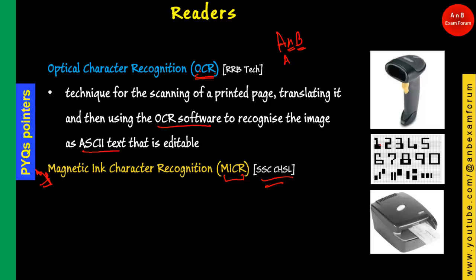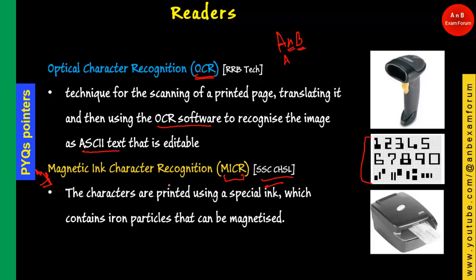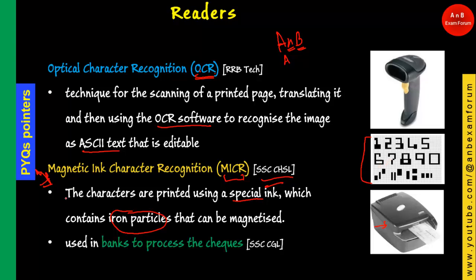If you have seen checks, these checkbooks have these kinds of numbers, and these characters have a special ink which contains iron particles. With the help of this machine they get magnetized and the numbers are identified. This is generally used to process the checks at the banks.